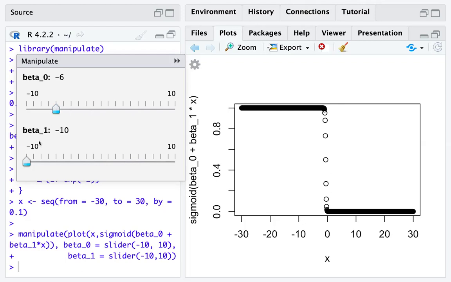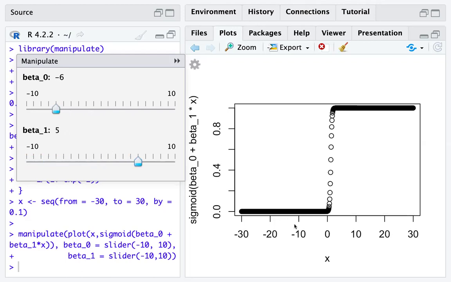Here, there is no such thing, but at least we can tell that if beta 1 is positive, then in the case of the ages, when the age increases, the word that we use is more likely to be formal.